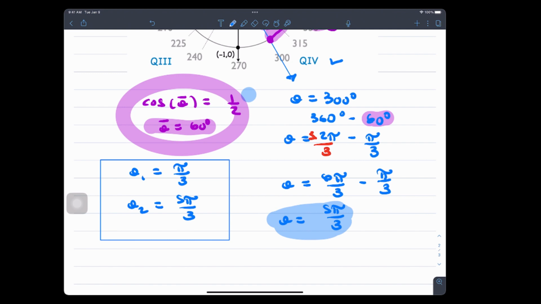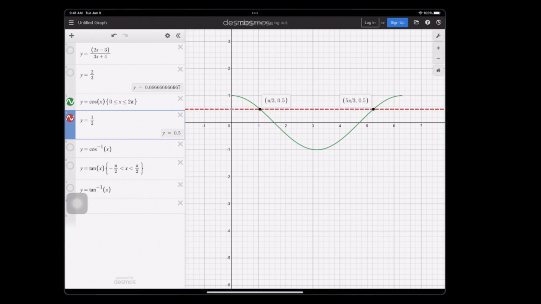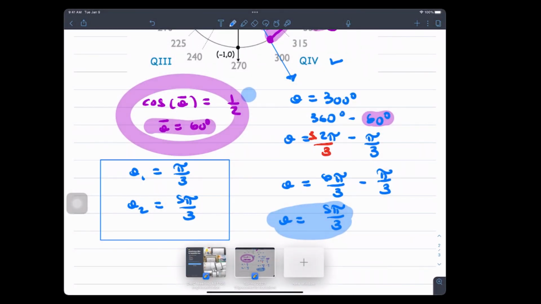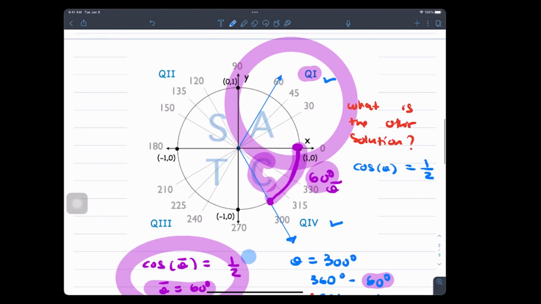So this is why Desmos, and you say, why does Desmos have this here? Well, they restricted the domain from 0 to 2 pi. It's not about finding an inverse function. This is really saying, can you give me solutions that are in quadrant 1, 2, 3, and 4? And that's where we're at. So there's a little bit of difference in terms of the restrictions of the domain. And that's the deal here.